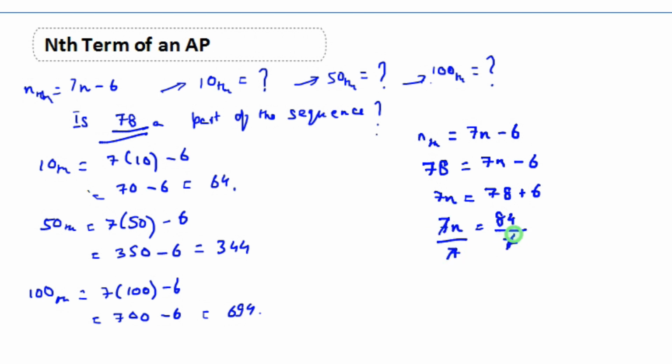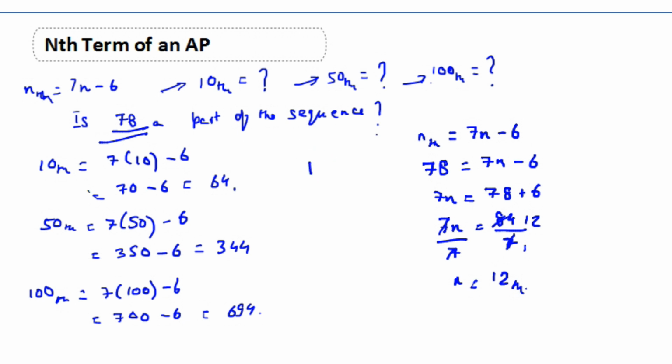I can see that 7 goes into 84 12 times. So therefore n is equal to 12. That means 78 is part of the sequence, and it's the 12th term in the sequence. We don't need to find the common difference or the first term, but we can figure that out: the first term would be 7 times 1 minus 6, which is 1.